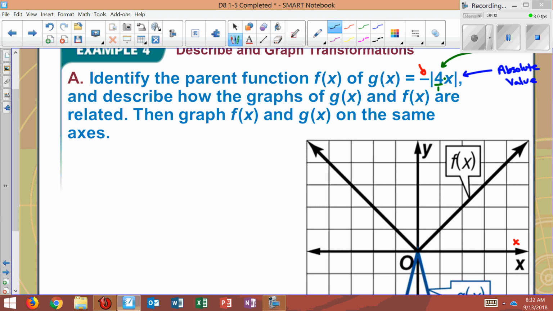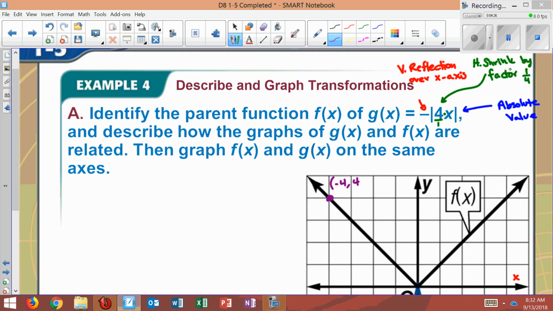What you do is choose any point. I'll just choose this point right here. That point looks like it's left 1, 2, 3, 4, up 1, 2, 3, 4. That's the point (-4, 4). Since it's a horizontal shrink by factor 1/4, you multiply the horizontal value by 1/4. Now, horizontal is the x.